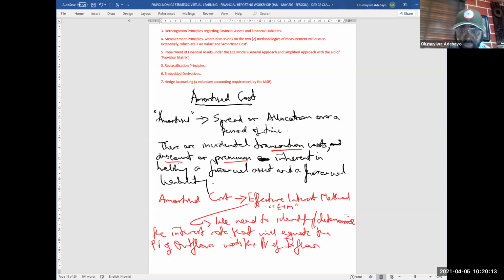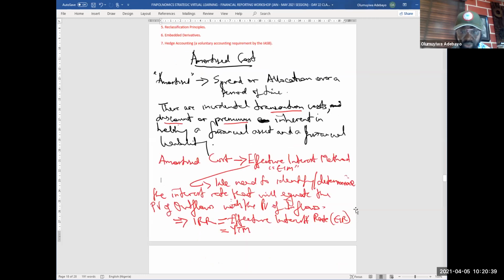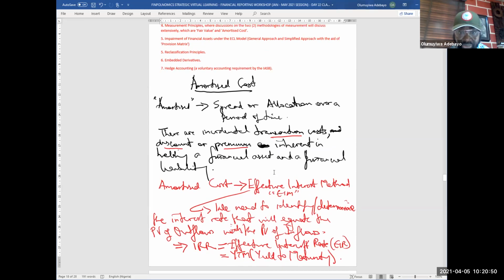Inflows. And such a rate is equivalent to what we call the internal rate of return, which invariably is known as what? Effective interest rate, EIR, which is otherwise also known in some quarters, when you relate it to bonds, as yield to maturity. And we're going to discuss that as time goes on.